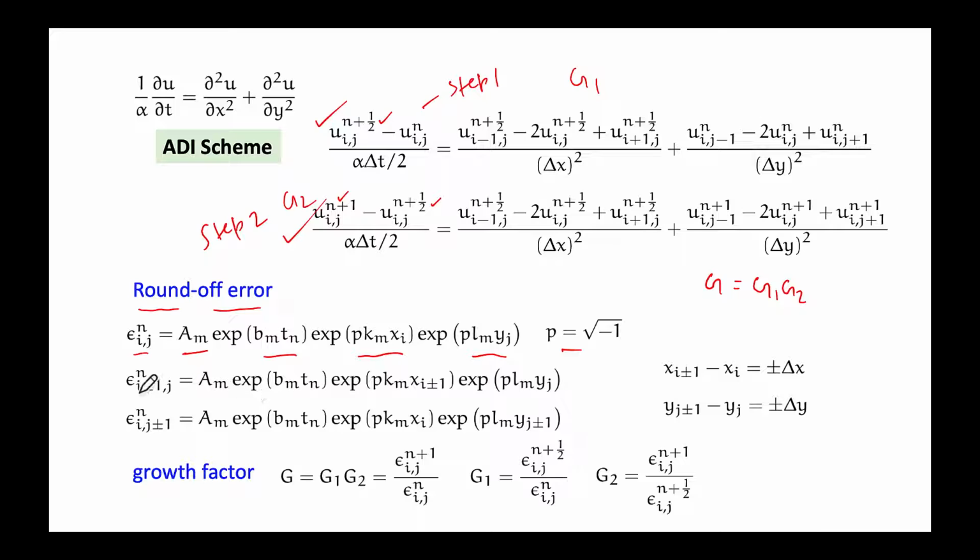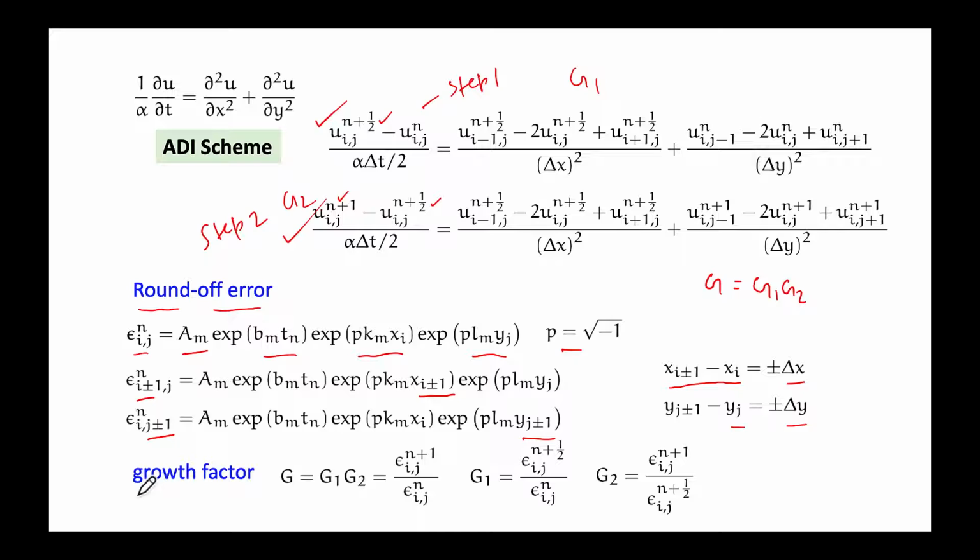Then I can go to i plus minus 1, which goes to x_(i plus minus 1), and j plus minus 1, which goes to y_(j plus minus 1). We know the distance from x_(i+1) to x_i is delta x, and x_(i-1) to x_i is minus delta x, and the same applies to y, where y_(j+1) minus y_j is equal to delta y.